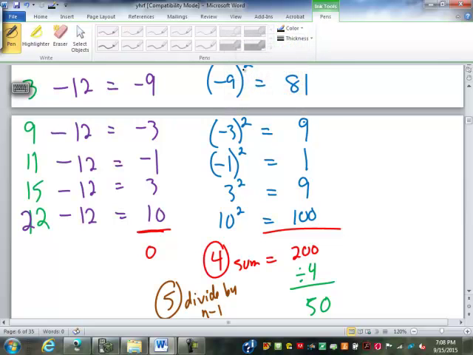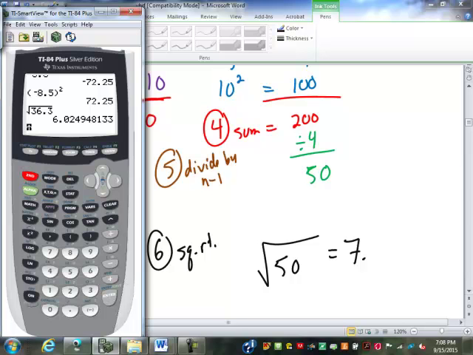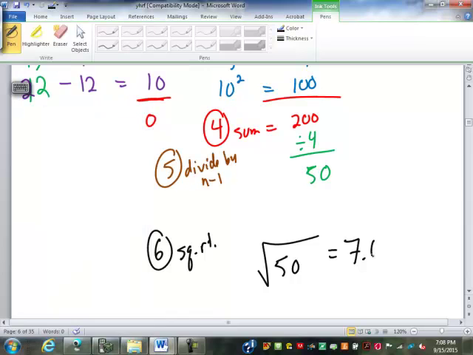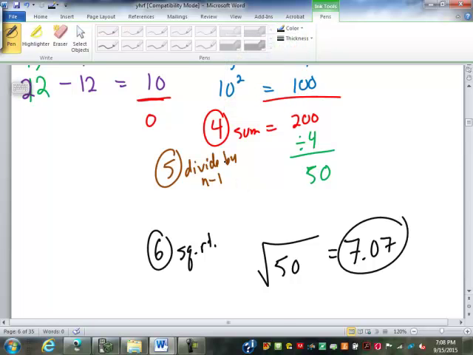To find the standard deviation, though, we still need to square root. Square root of 50 is 7.07. There is my standard deviation. What do you think? Easy to do?